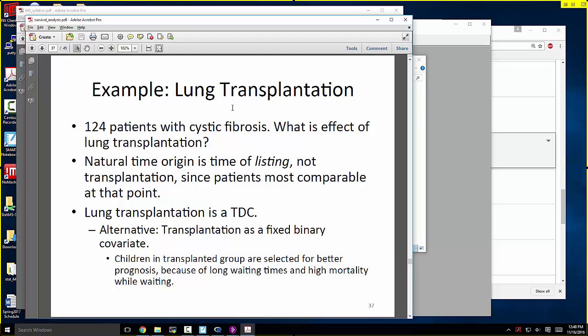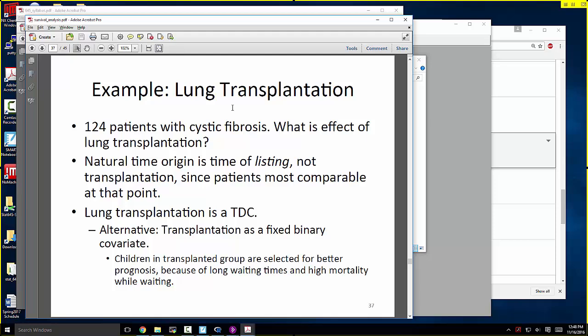which means that whether or not they get a transplant is not known until potentially further into the study. Because lung transplant could be no at the beginning of the study for a child, but yes at the end of the study, lung transplant is a time-dependent covariate. What would you do if that's the kind of thing you have?